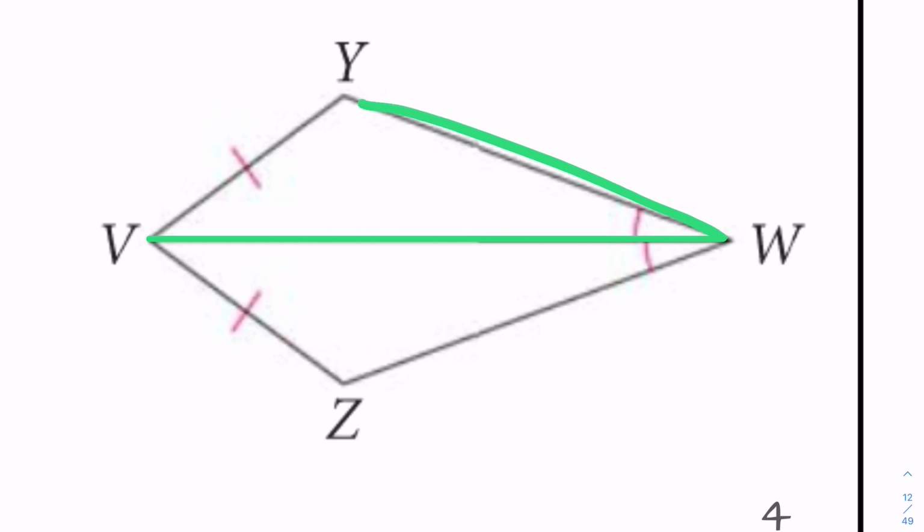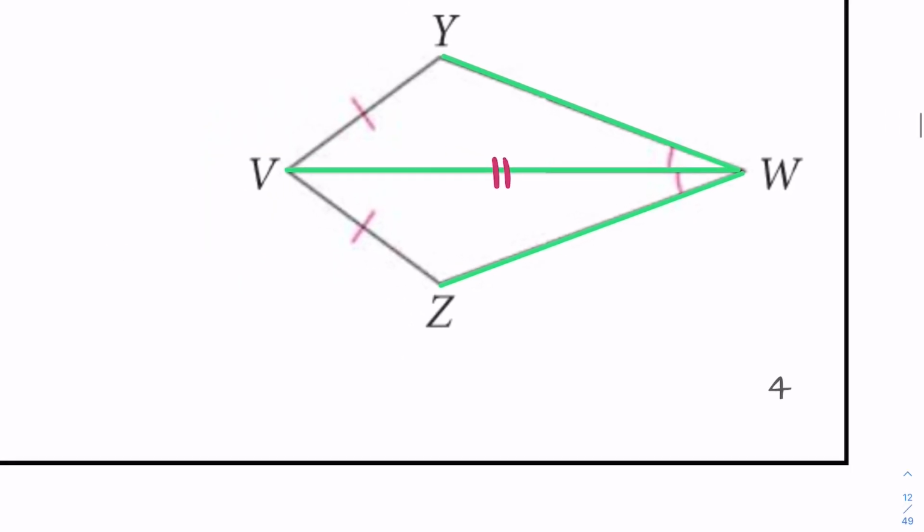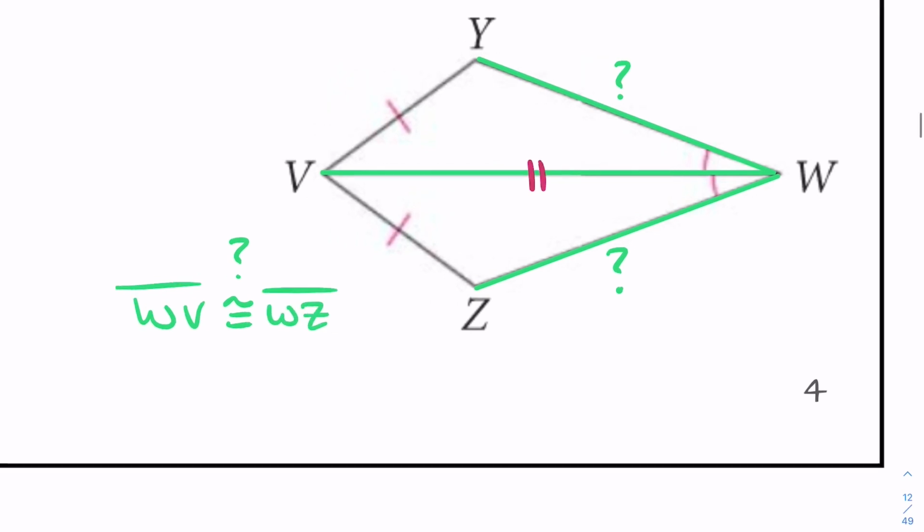We could say, well, they both have that side and they both have that angle, so all we need is these sides. So I need to know, because you have that tick mark, you have this tick mark, so I would either need to know, is WV congruent to WZ? I need to know that.